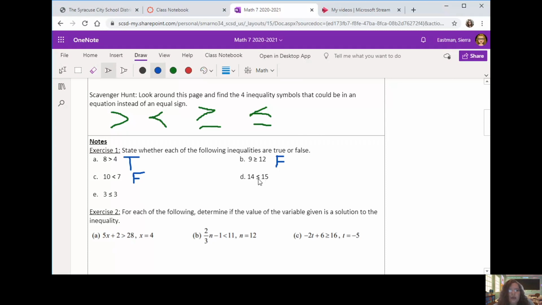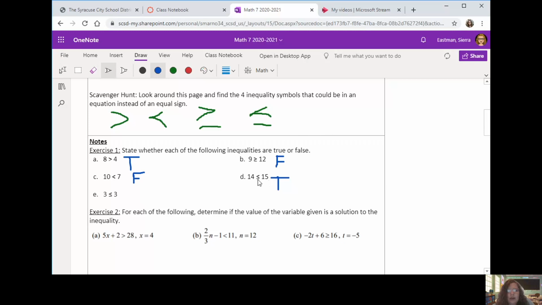We can check that equal to part, but we already know those are two different numbers, so that part's not exactly true. But the less than piece here, 14 less than 15, is true. Okay, 14 is smaller than that number, 15.